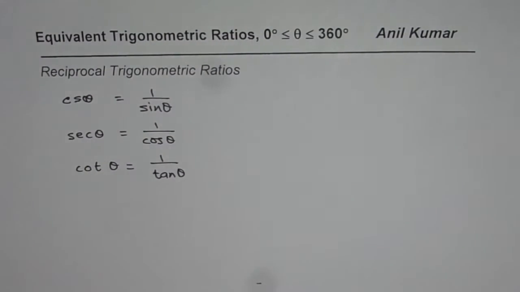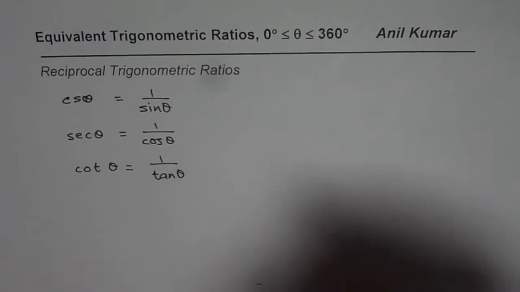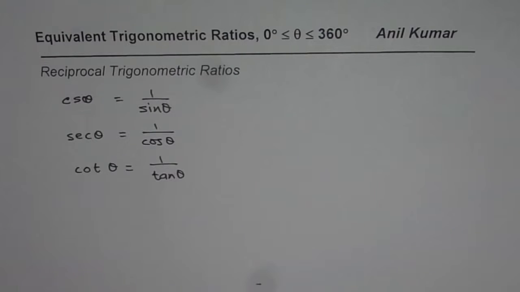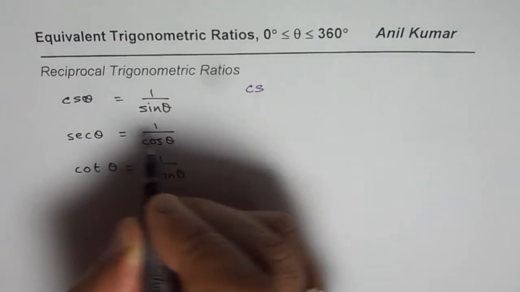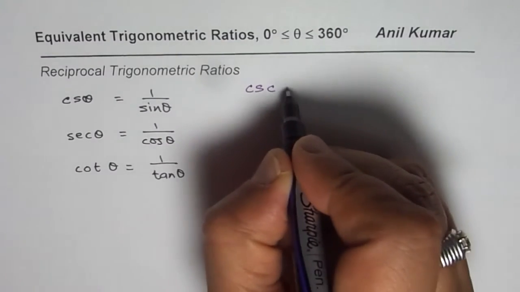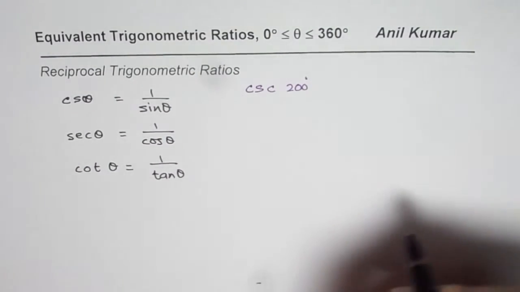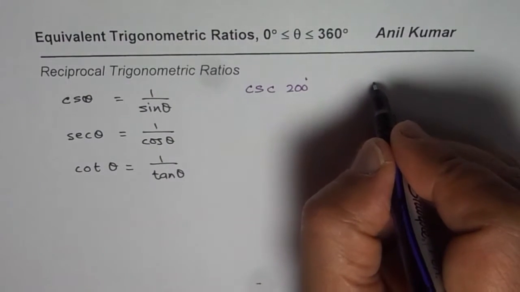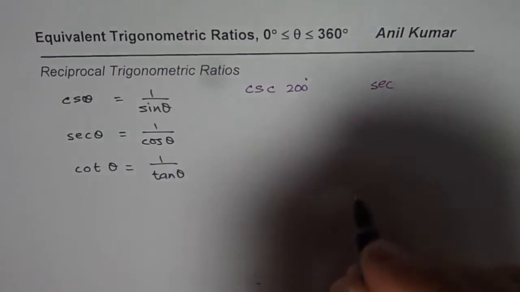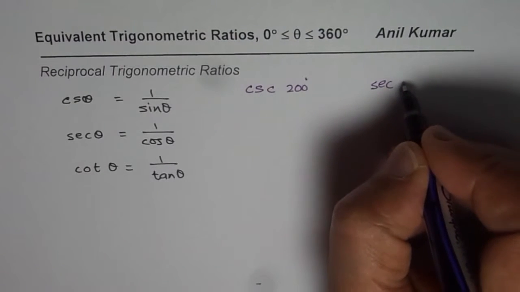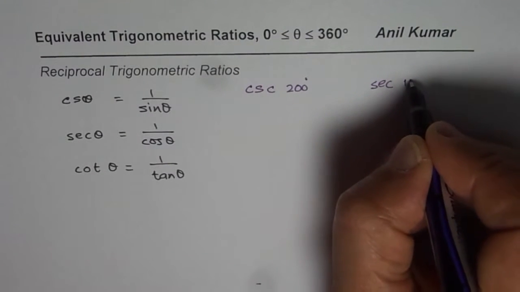So we'll find equivalent trigonometric ratios for these three secondary trigonometric ratios. Fine. So we'll take few examples. Let me write down some values and then work it out. So for cosecant, which is the reciprocal of sine, I'm taking angle of 200 degrees. For secant, which is the reciprocal of cosine, I'm taking an angle of, let us say, 120 degrees.